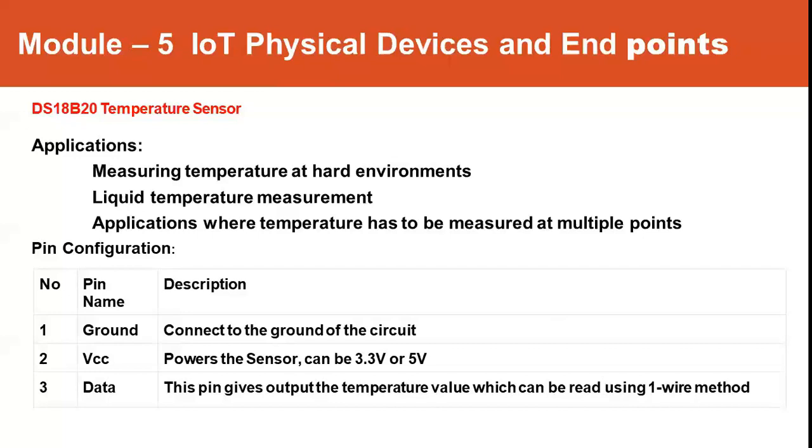So it has 3 pins. So ground is required, then VCC to power up the sensor. So we can either connect a 3.3 volts or 5 volts power supply. Then the data pin. So this data pin will generate the temperature value.